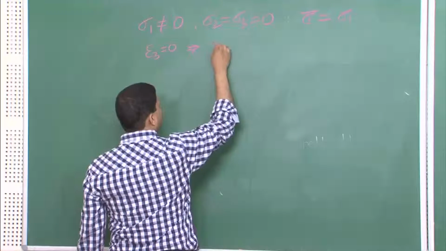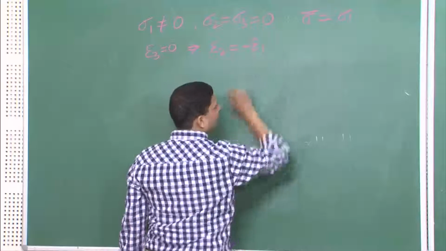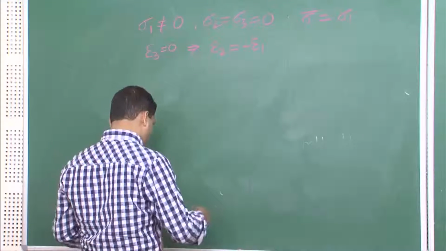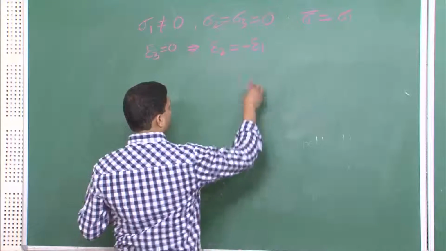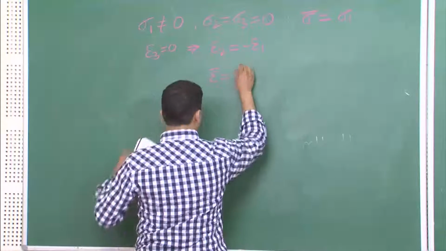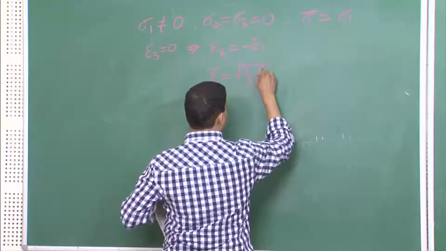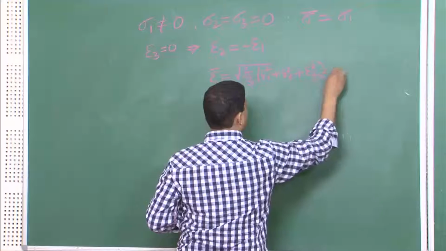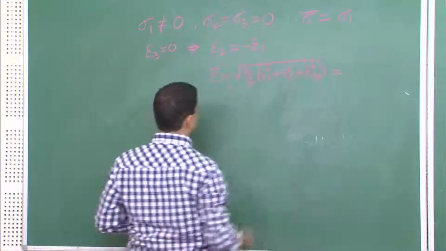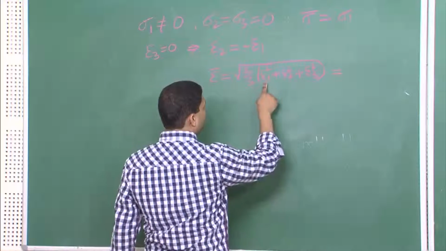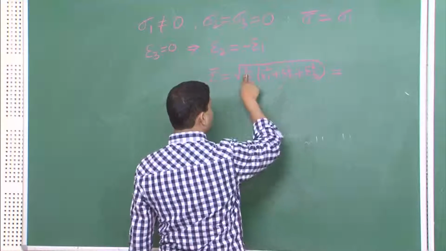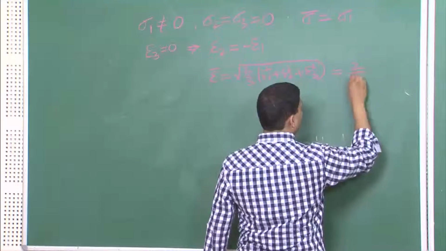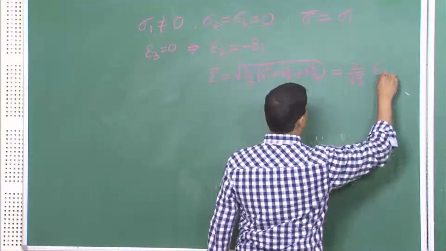This implies that epsilon 2 is equal to minus epsilon 1, and therefore, if you apply the rule for effective strain, here we have epsilon 1 square, epsilon 1 square. So, this is 2 epsilon 1 square. So, 4 by 3 epsilon 1 square, and this is 0. So, this comes out to be 2 over root 3 epsilon 1.